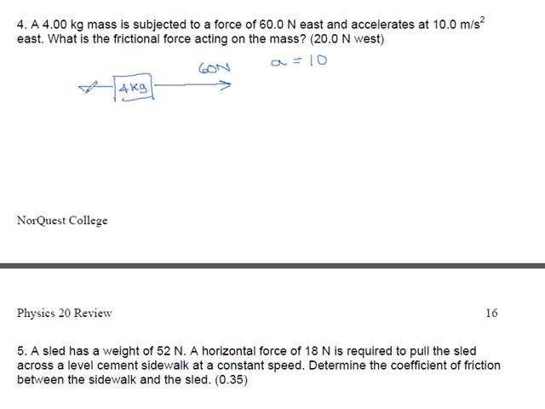So there's a friction force, FF, force of friction, but we don't know how much. And we have Newton's second law to help us, which says the net force on this object equals mass times acceleration. Now, let me just mention quickly, if we were doing every single force on this object, we would have to draw gravity pulling down and the normal force from the ground pushing up, canceling it out.